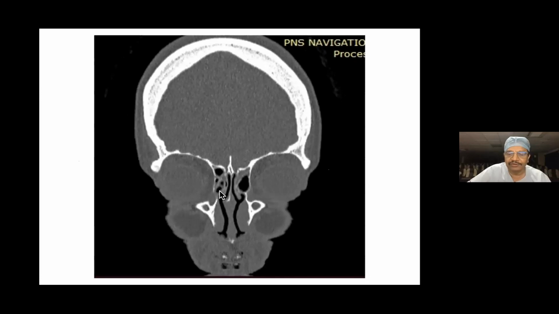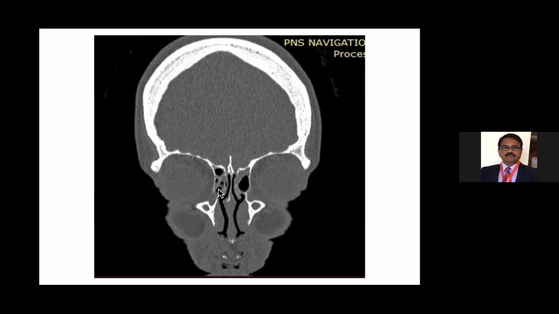There is a very big agger nasi cell on the left side and a little smaller cell on the right side. Any cell above on the left side? No, I don't see any cell here. Whereas on the right side, above the agger nasi, I can see 2 or 3 cells. So on the right side, there is a K2 situation. More than one cell is a K2 situation.